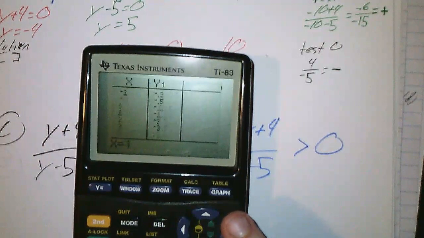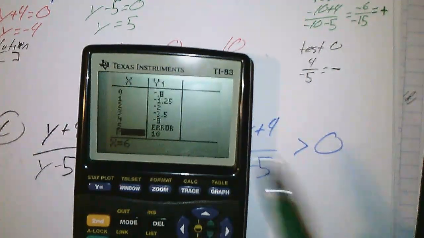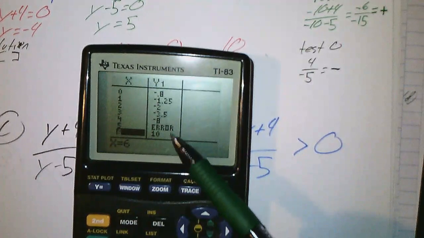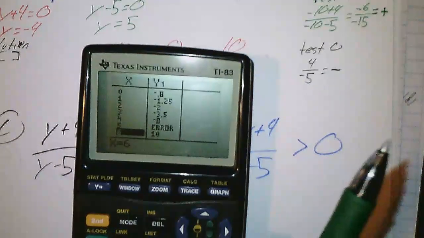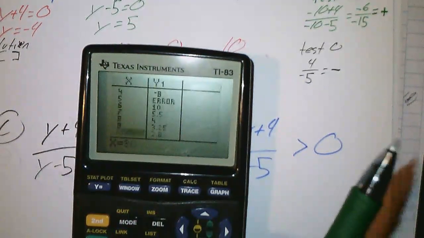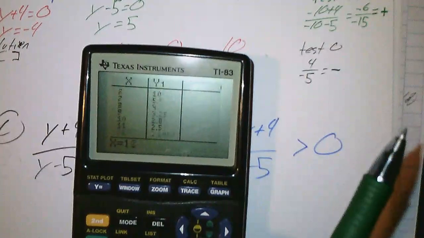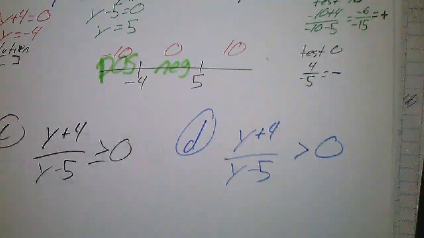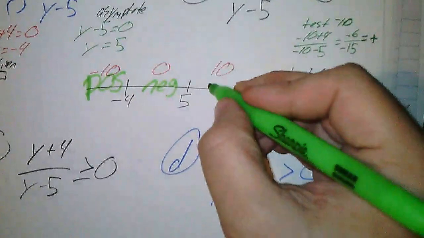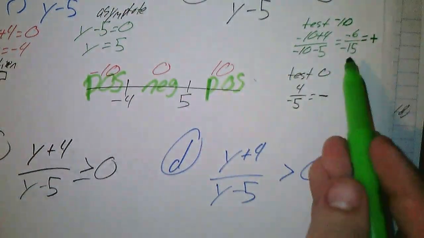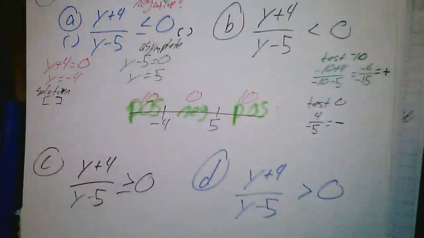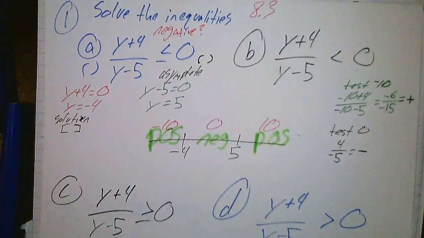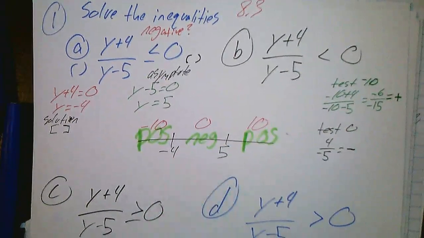So that region is negative. And then after positive 5, so there's the error, meaning it's not an included point. After positive 5, anything after that, we see that the values are positive. So you can plug them in and determine if it's positive or negative. But we can also, once we know what the turning points are, just go to the table and see if it's positive or negative.